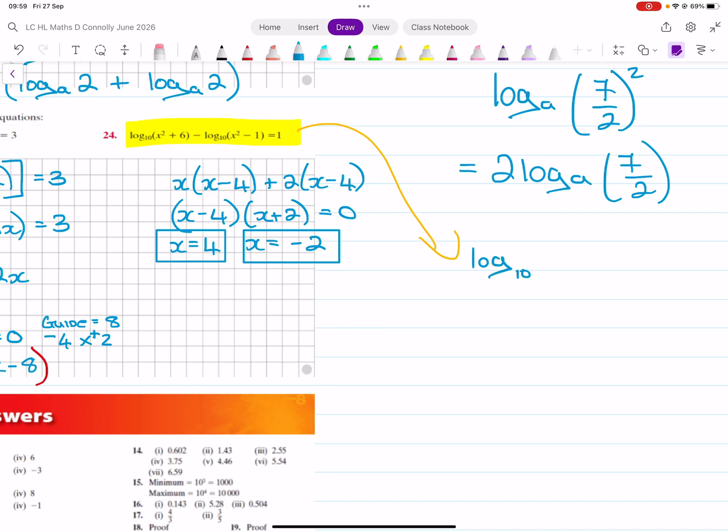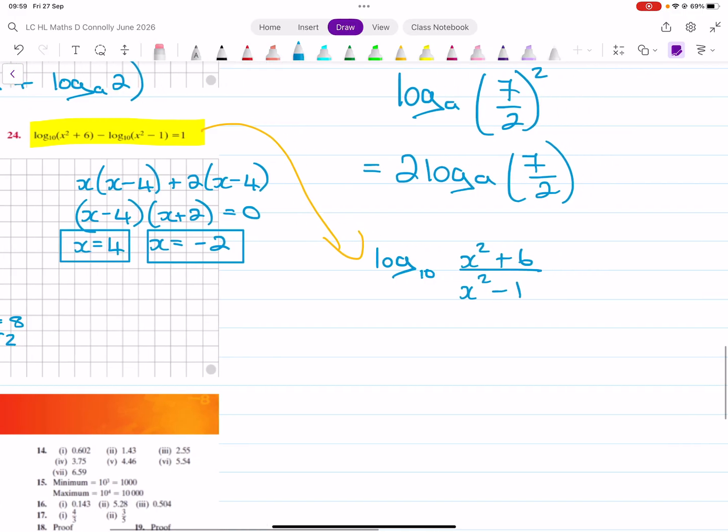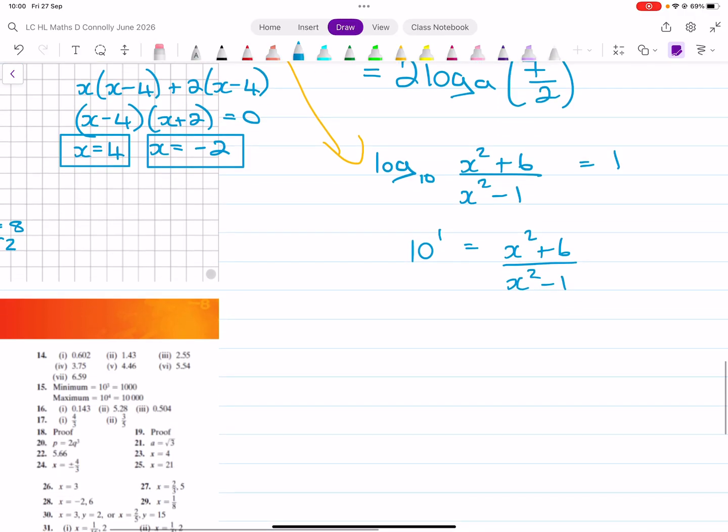So log to the base 10 of x squared plus 6 over x squared minus 1 equals 1. The variable is in the argument, so it's 10 to the power of 1 equals x squared plus 6 over x squared minus 1. We don't need the power of 1.